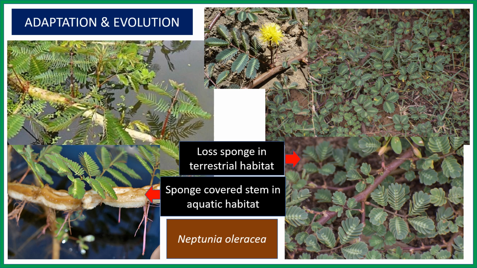But when this plant twines over the terrestrial land, it slowly loses this spongy tissue as it grows on the terrestrial part. So it shows a kind of adaptation for growth in water as well as on terrestrial land.